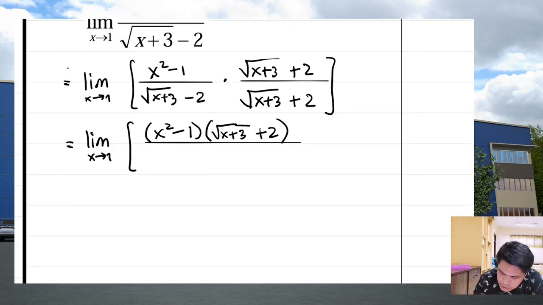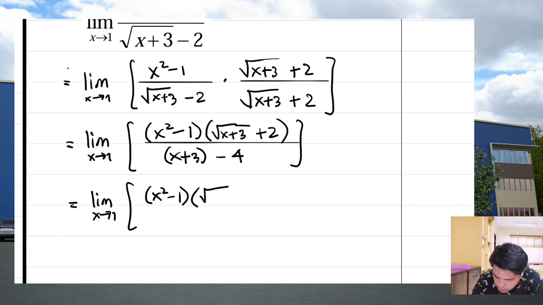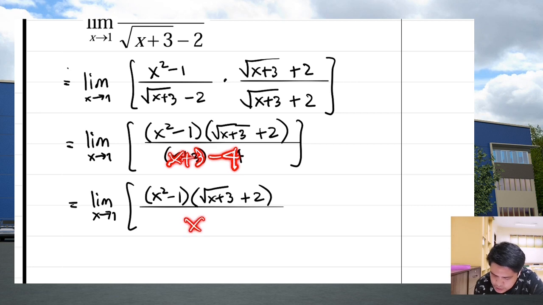So if our a is the square root of x plus 3, then a squared is x plus 3, minus our b is 2, so b squared is 4, so minus 4. Then continue evaluating. So that's the limit as x approaches 1 of, let me copy this again, x squared minus 1 times the square root of x plus 3 plus 2, then divided by x plus 3 minus 4, which is x minus 1.